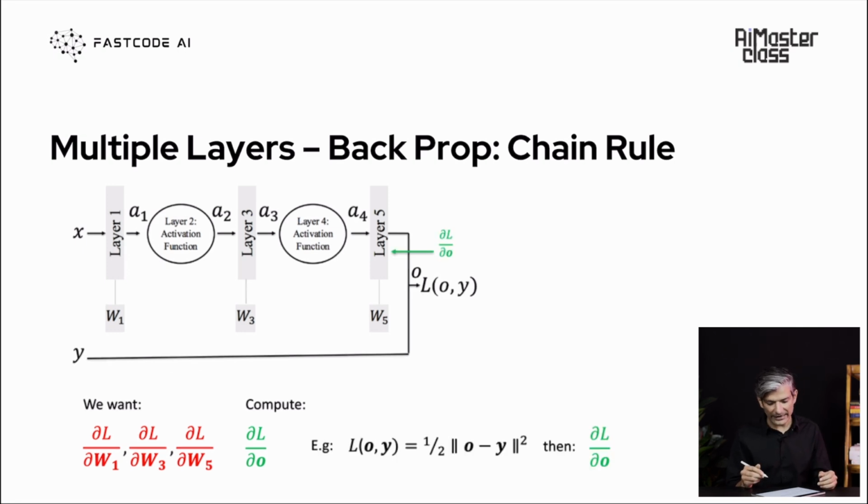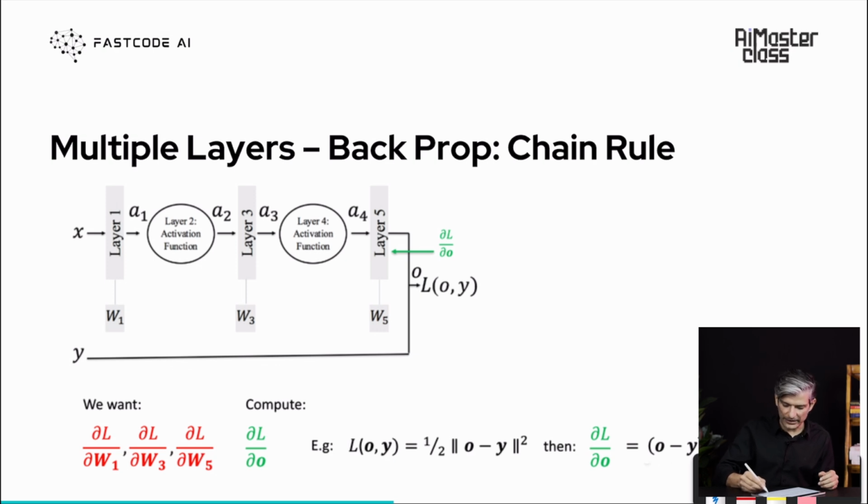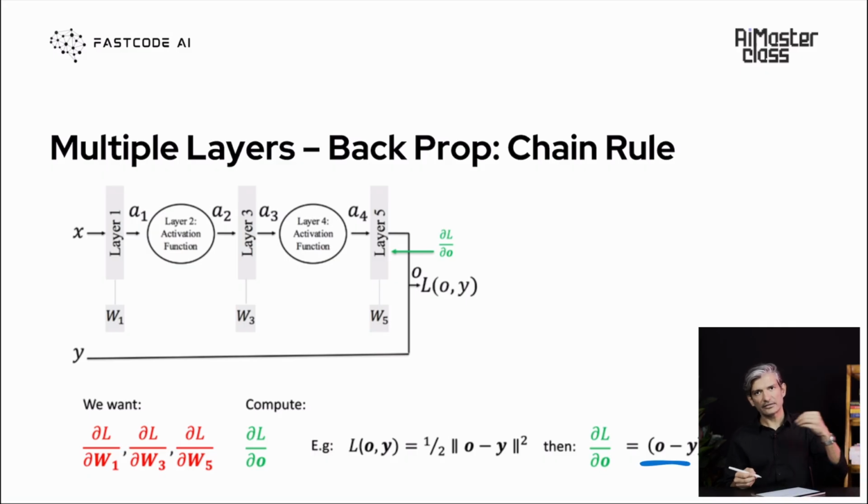What will the size of the gradient be? This gradient, remember, is a row vector, and the size of the gradient is the size of your output. Now, suppose our loss was the function half the norm squared of O minus Y. If we differentiate it, we will see that our derivative of loss with respect to output is simply O minus Y. We will later do this in practice, as homework, and we will see why this is the case.